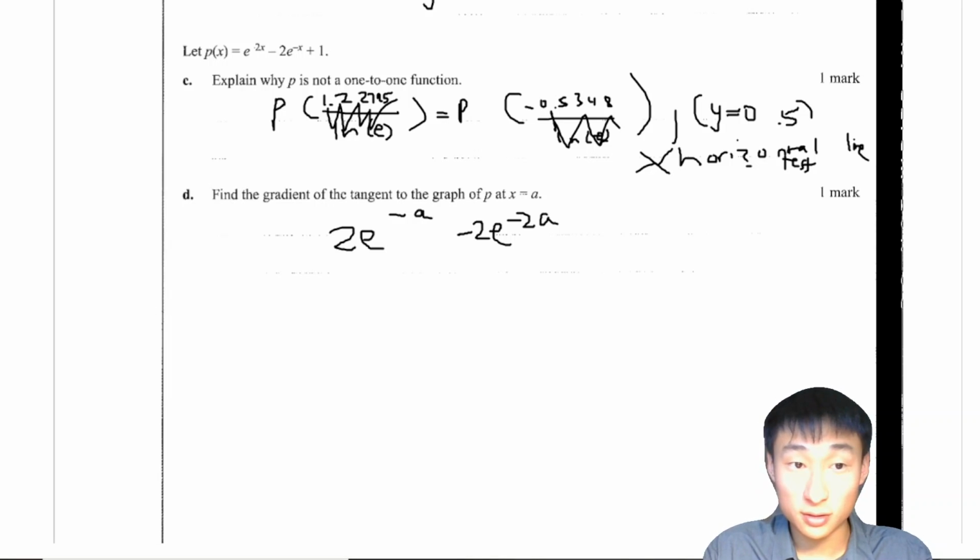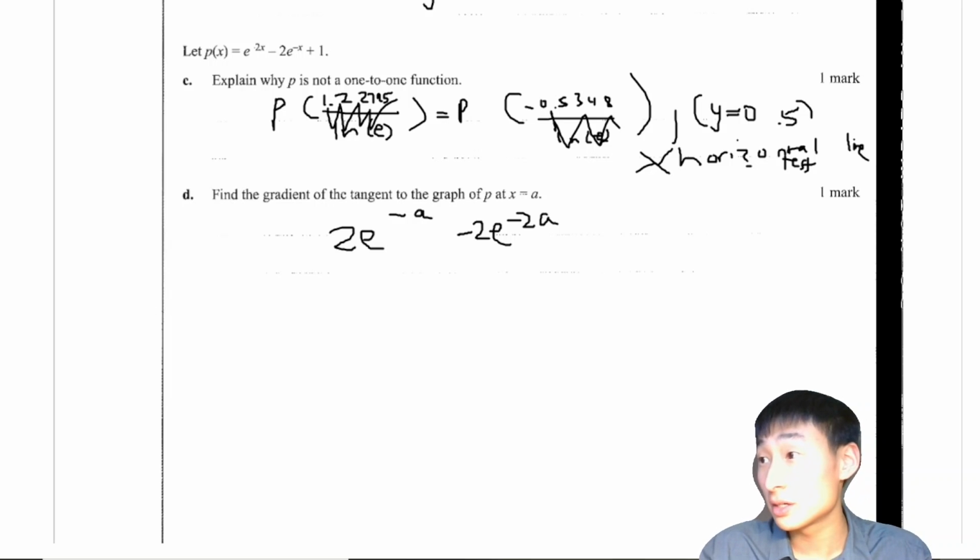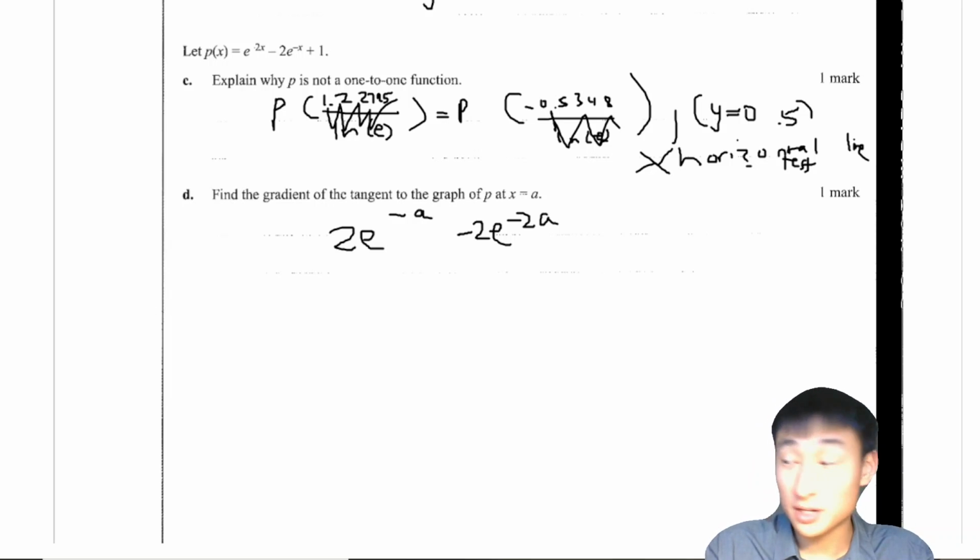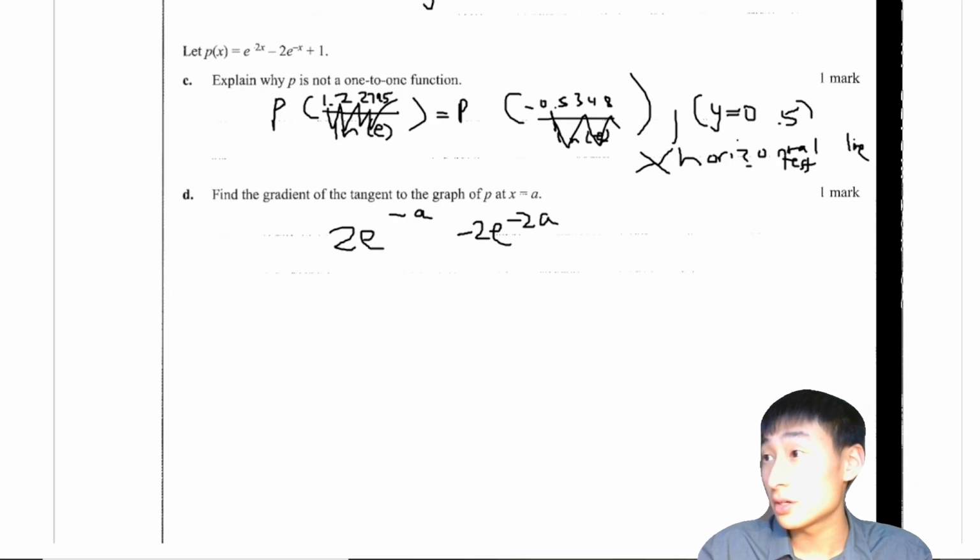So I'm just going to define the gradient formula: 2 times, I'm going to remember to use e again, minus a, minus 2 times e to the power of minus 2a.